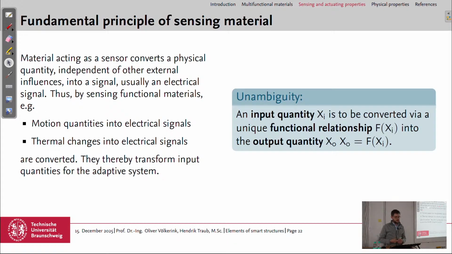By doing so, we have sensing functional materials which could sense motion quantities, displacement or strains, into an electrical signal, or thermal changes into an electrical signal. They transform the input quantities for the adaptive system. So we use the sensing properties to, for example, measure the disturbance and feed this signal into a controller.